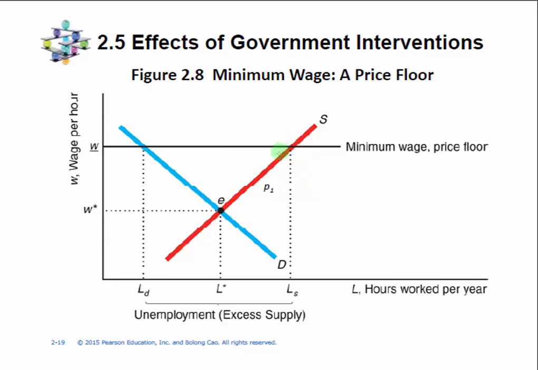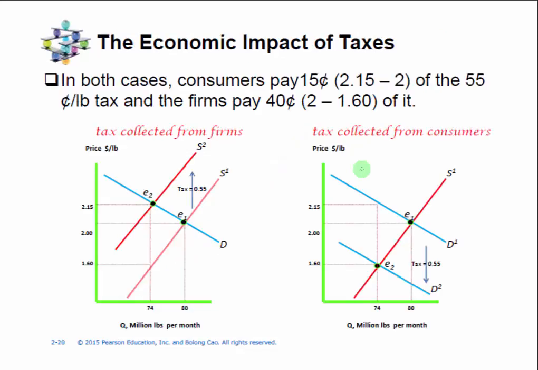The quantity supplied into the labor market is higher than quantity demanded. Firms at this minimum wage do not hire as many people as there are looking for a job. So there's unemployment in the marketplace. This is the price floor.